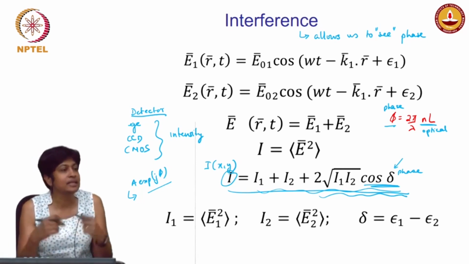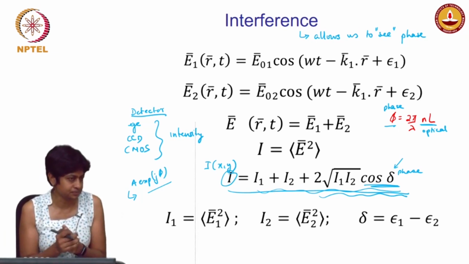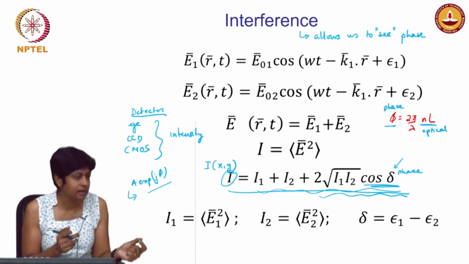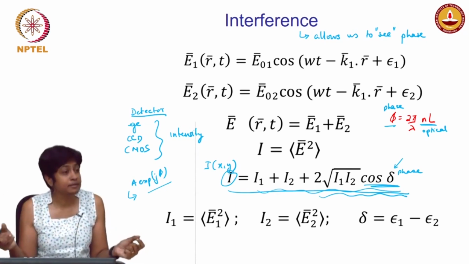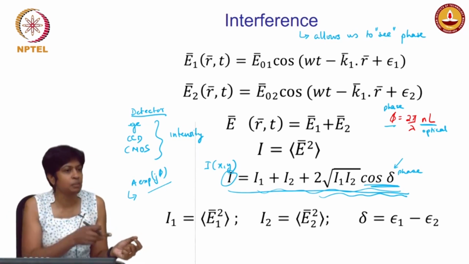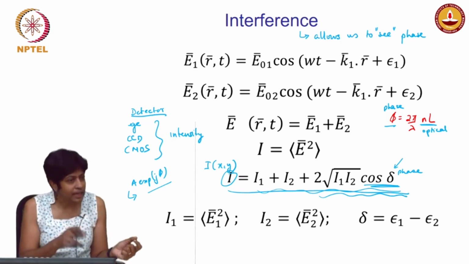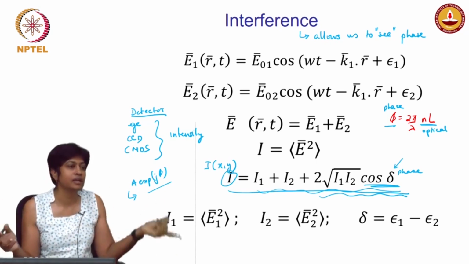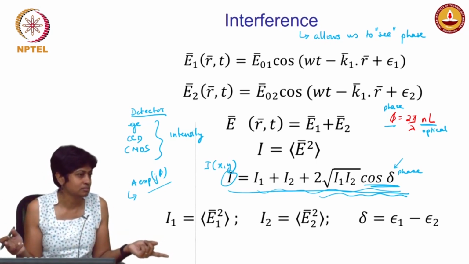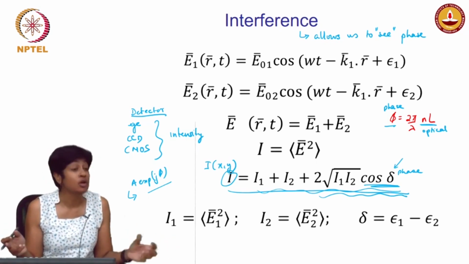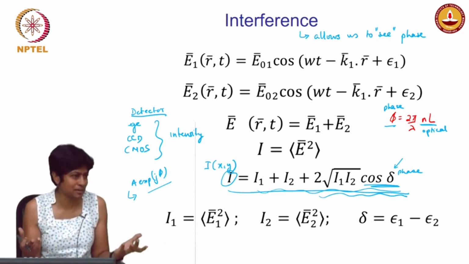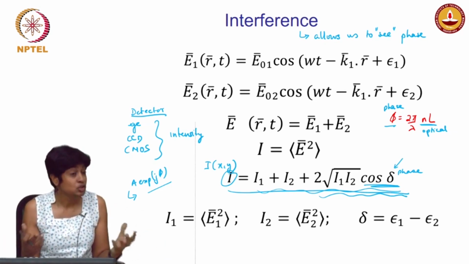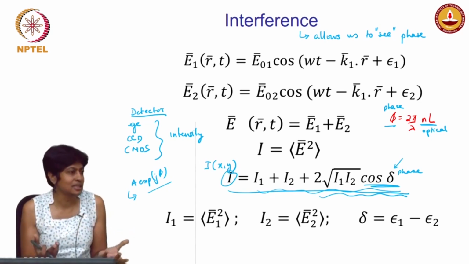That means the material expands or contracts. Now, if I can make some assumption about n, from the change in the optical path length, I can find out the change in L. From the change in L, I can find out the change in the temperature, or maybe the change in pressure, or the change in some parameter. So I can use this as a sensor.